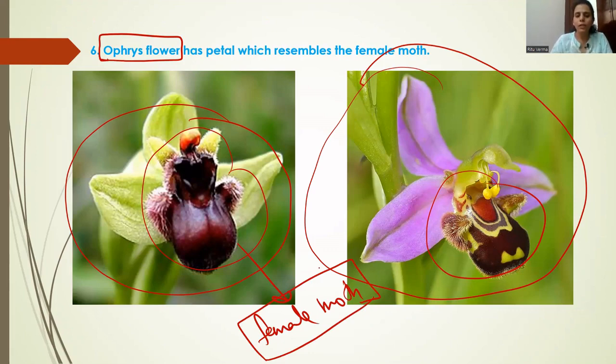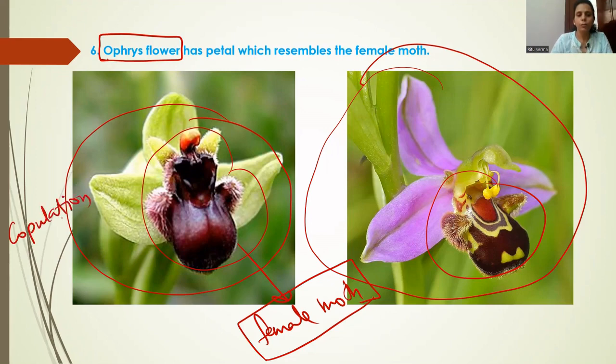Now the male moth comes and gets attracted to this flower, thinking that this is a female moth, and the male moth sits on this flower for the process of copulation.